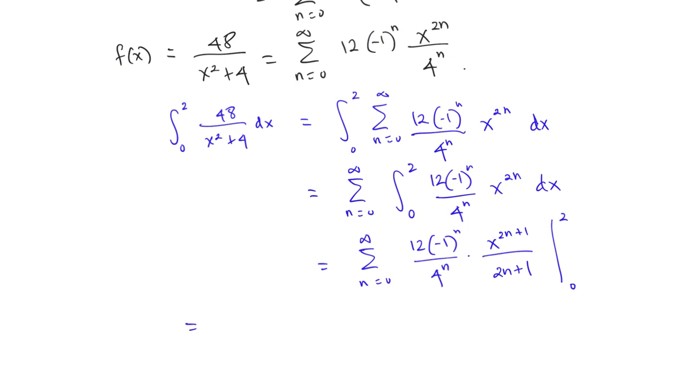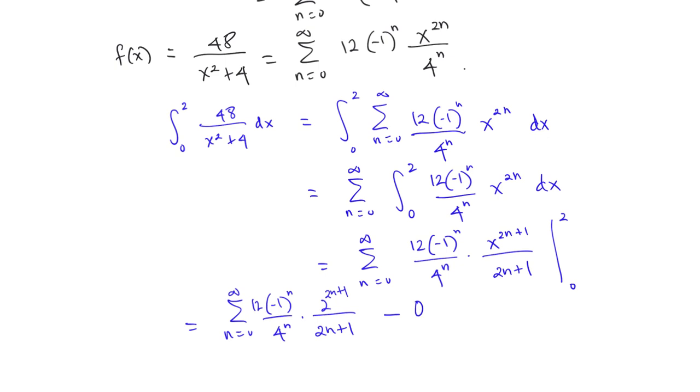Plugging in 2, we have the series 12 times negative 1 to the n over 4 to the n, times 2 to the 2n plus 1 over 2n plus 1. And plug in 0 for x. 0 times any constant is 0.